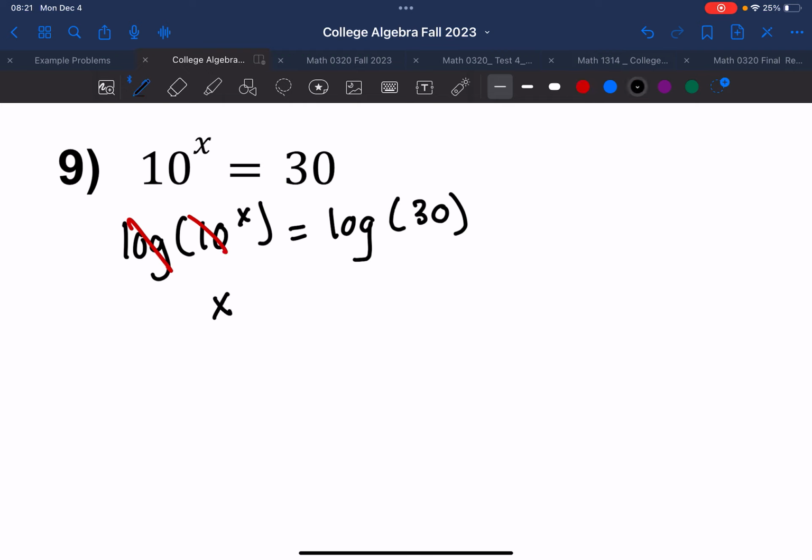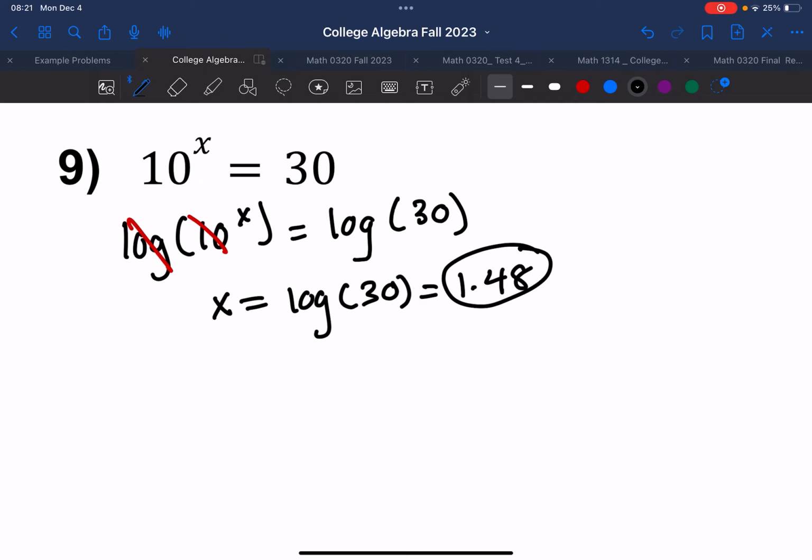So I'm left with x is equal to log 30. Or if you type that into your calculator, that is 1.48. Okay, so all we're doing here is using these inverses that we already know in order to cancel out a function to solve for x.